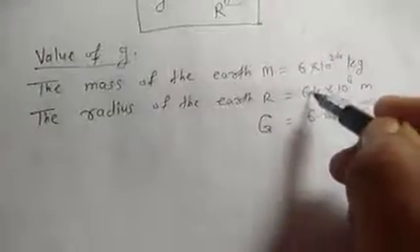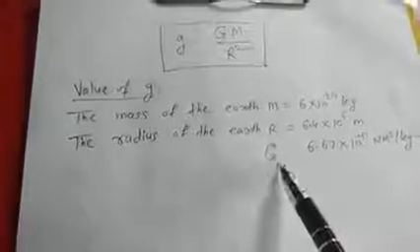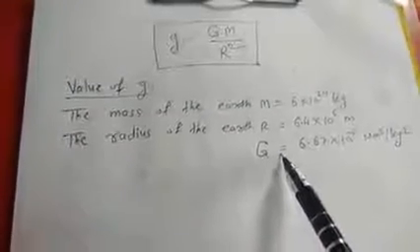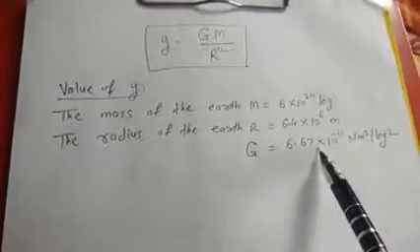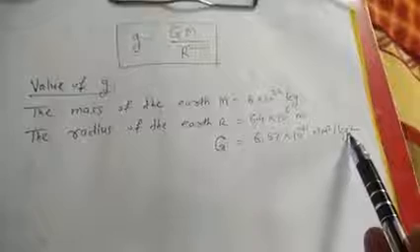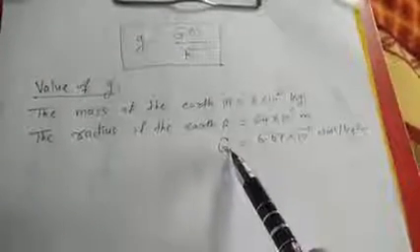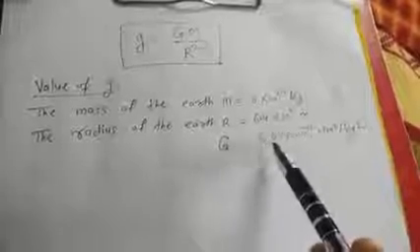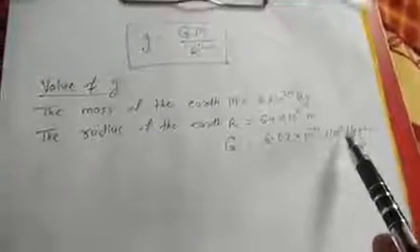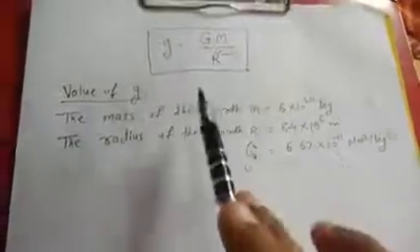And the value of the universal constant of gravitation, capital G, is equal to 6.67 into 10 raised to minus 11 Newton meter square per kilogram square. Substitute all these values in this equation.